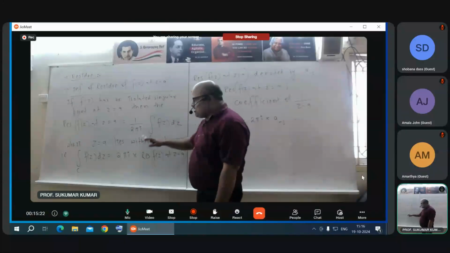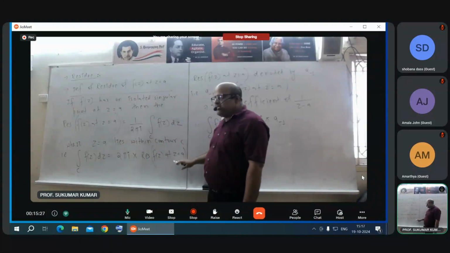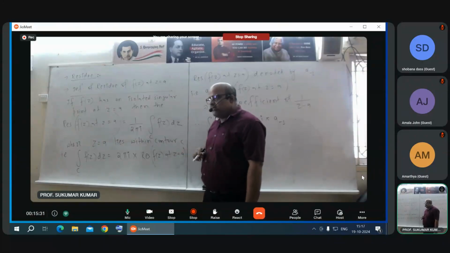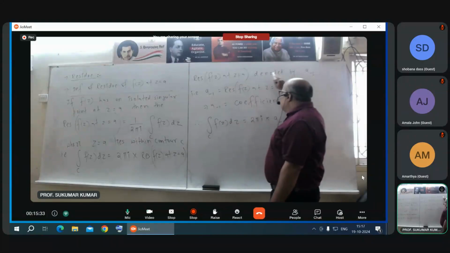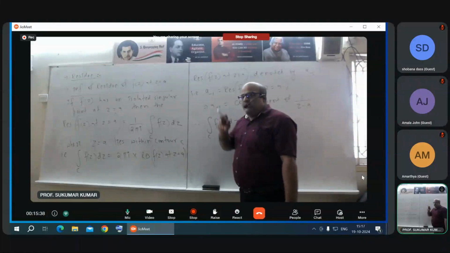So the integration over C of f z dz is 2 pi i times the residue of f of z at z equal to a. This is the formula. But how to find the residue? Residue is denoted by a minus 1, the coefficient a minus 1. And what is this a minus 1?